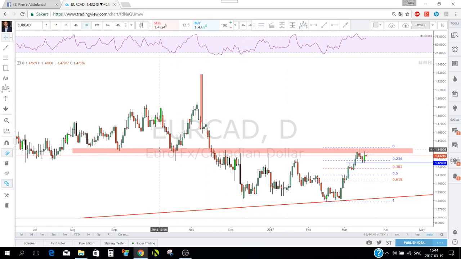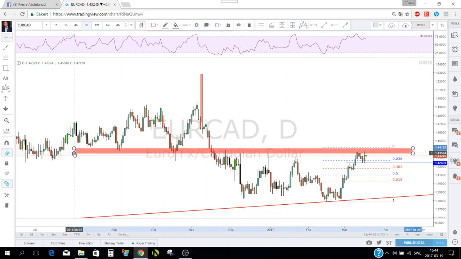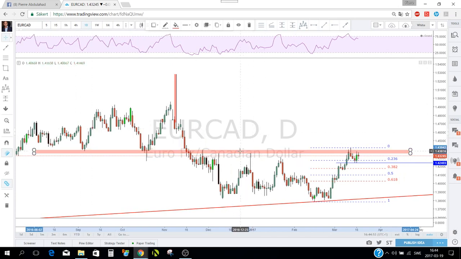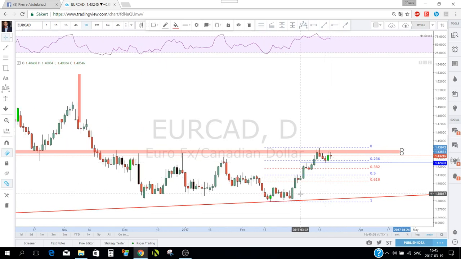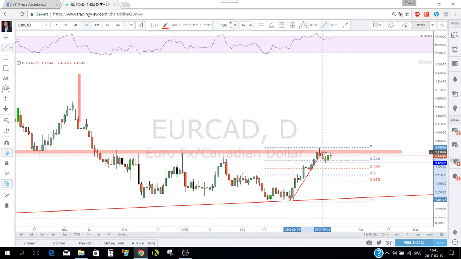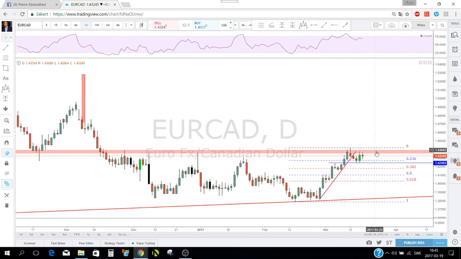But since we have this structure still acting as resistance, if you have been trading for a while, you should be able to take this one, but it is also against this short-term trend here, so you have to have some good level of understanding about how to trade those, yeah, because you can argue that many traders will say that this structure here looks like a bull flag, and it's gonna continue to the upside.